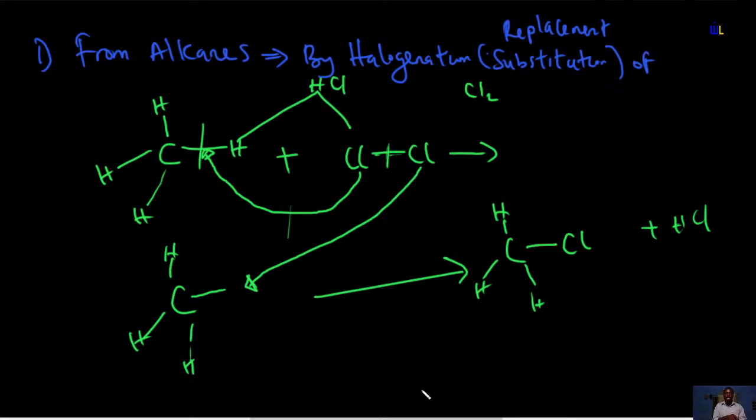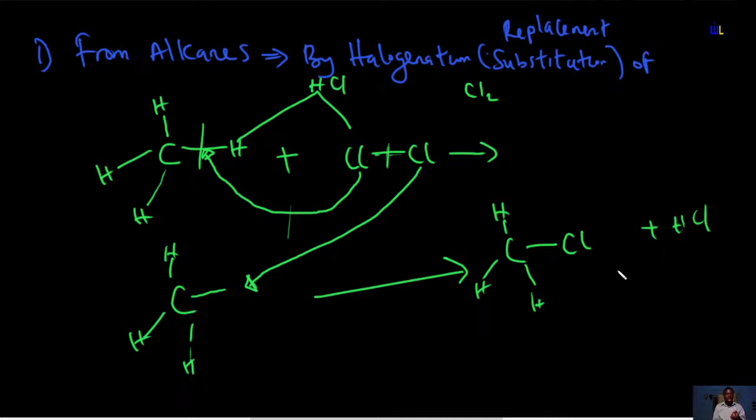So if you are given a question and they ask you halogenation of methane gives what product? What gas is given off after halogenation of any alkane? Once they ask you that question, you find out that first of all you are going to have a haloalkane produced, and then you must have a hydrogen halide gas produced.